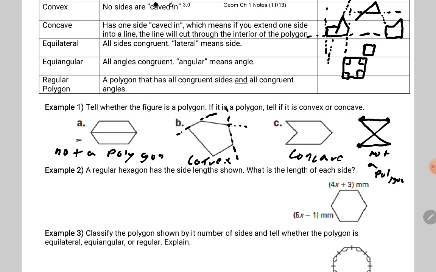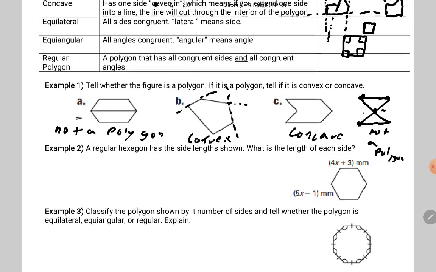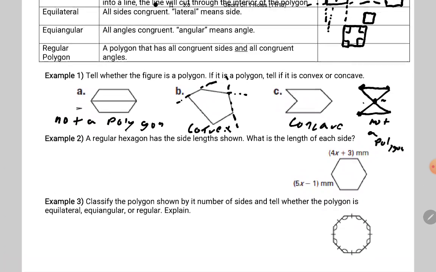But it's not closed. So it's like there's this open pocket here, open pocket here. Oh wait, sorry. And then this middle one, that's being intersected by four sides. So that's not a polygon. Hourglass is not a polygon. And remember, polygon also cannot be curvy, no curves.